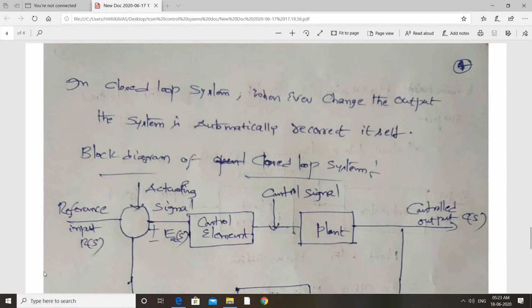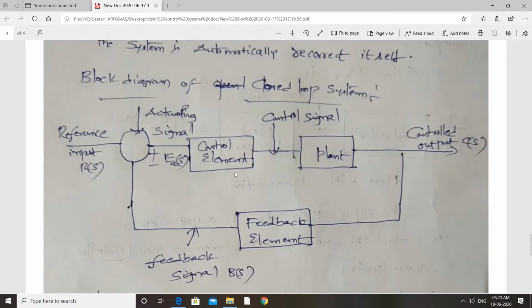In the block diagram, we are using three elements, that is control element, plant, and feedback element. These are the elements, and the signals are reference, actuating signal, control signal, and feedback signal. These are the signals.